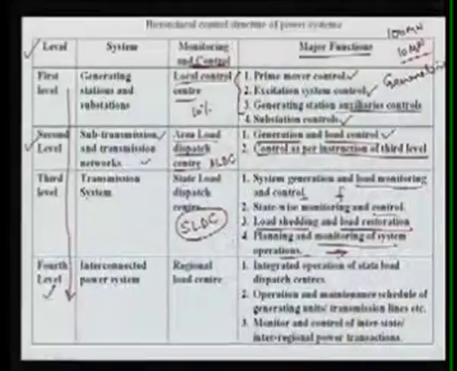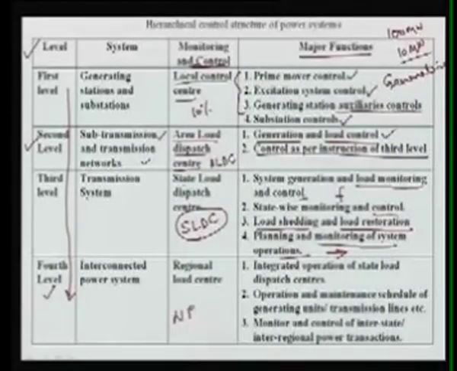Each state has one state load dispatch center. So we require some coordinated control for all these states, and that is called the Regional Load Dispatch Center. This is RLDC.